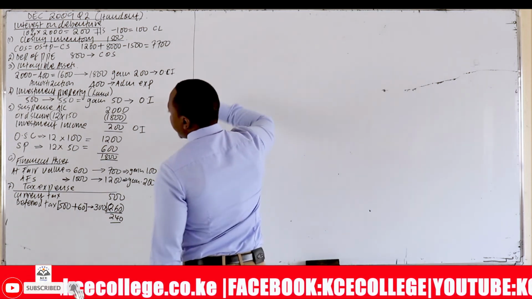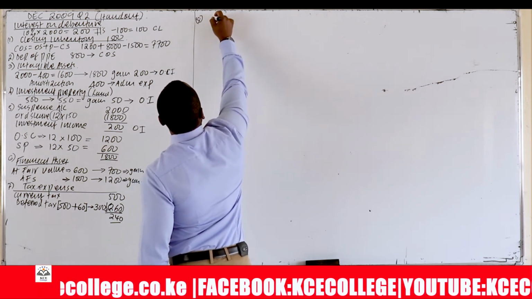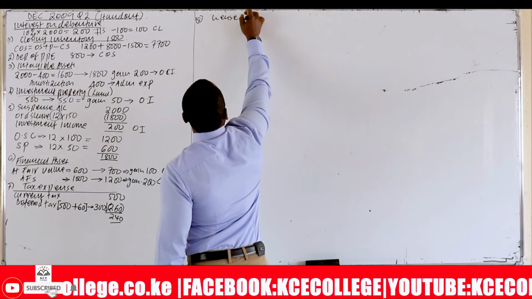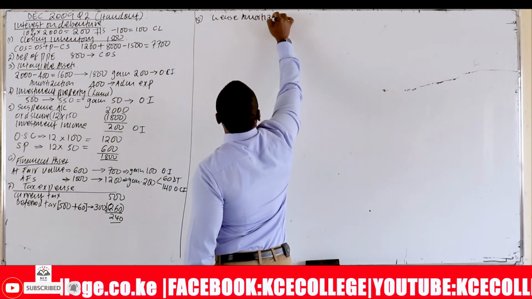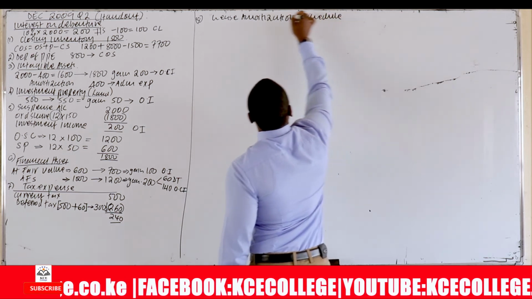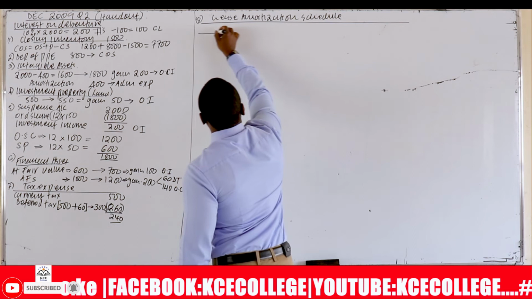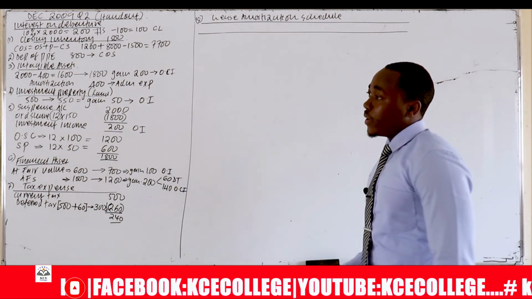Whenever you have a lease, you need to come up with a lease amortization schedule. This lease is payable in arrears because you are paying together with the rentals as at that 1st October.